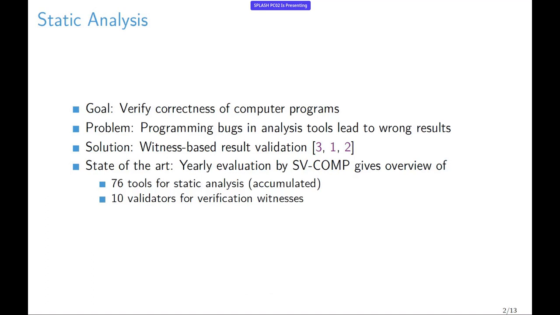We have lots of tools for static analysis for verifying software systems. I just counted them over the last 11 years: there were 76 static analysis tools for programs written in C and Java. And there are 10 validators currently, tools that validate the correctness of the verification witnesses.